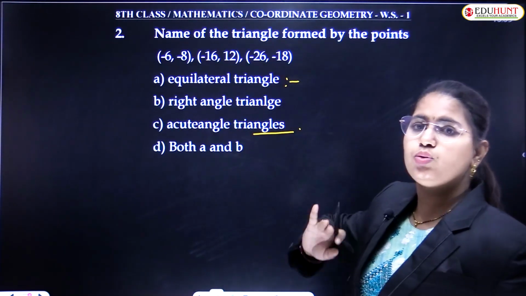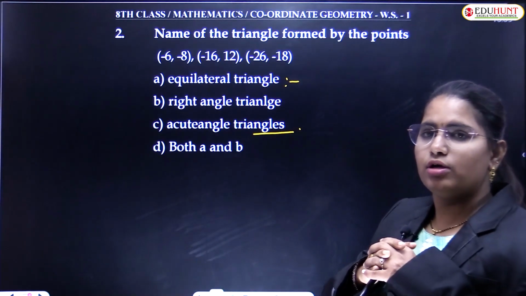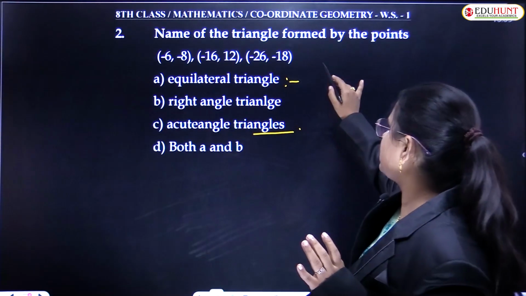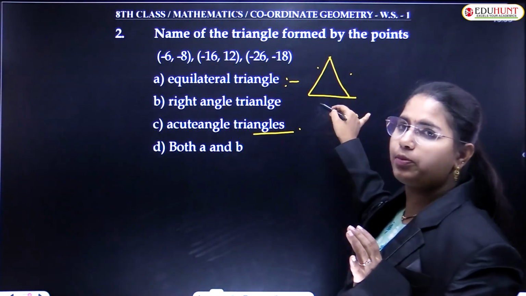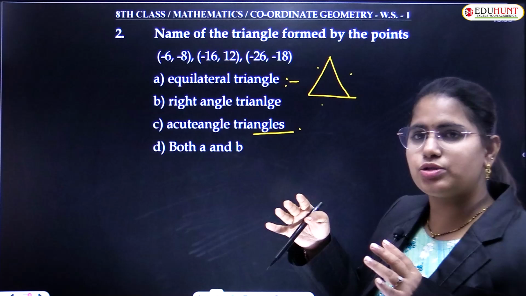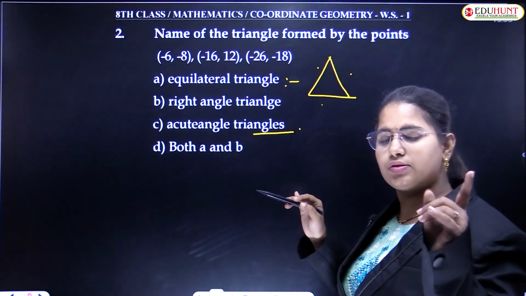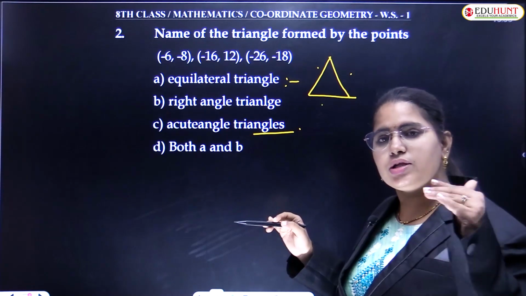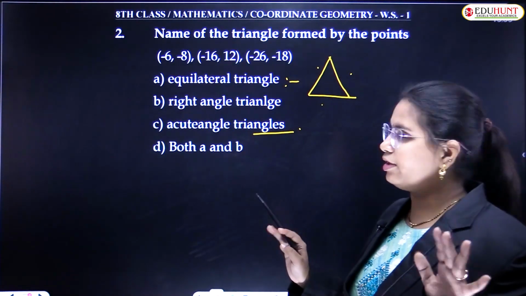In order to find whether it is an equilateral triangle or not, by using the distance formula: by the property of an equilateral triangle, all sides should be equal, right? So AB, BC, CA, you need to calculate the distance of every side. If all the 3 sides are equal, then it is an equilateral triangle, right?